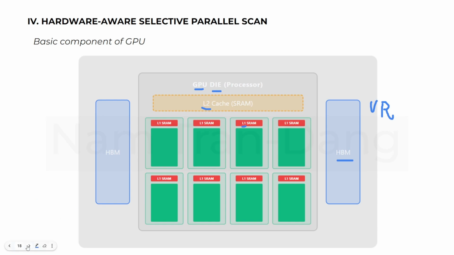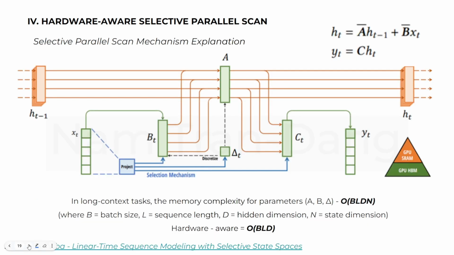And the idea of the hardware-aware selective parallel scan is like this. In long context tasks, the parameters like A, B, and delta have a calculation complexity of O(BLDN), where B is the batch size, L is the length, D is the dimension, and N is the state dimension. However, we have a problem.